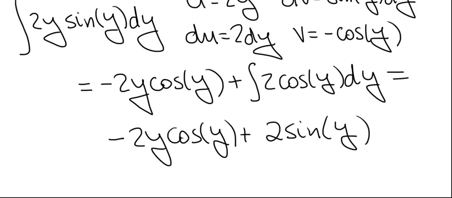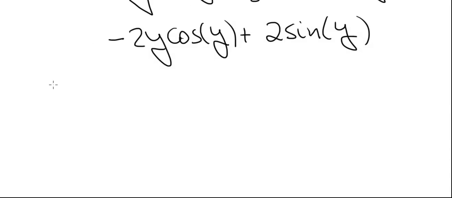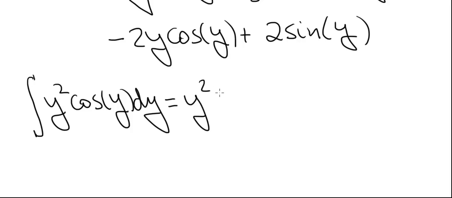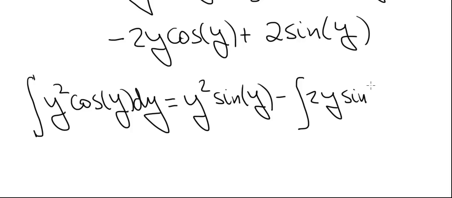Let's return to the original integral. The original integral, with variable y, was the integral of y squared times cosine of y dy. And we wrote that as y squared sine y minus the integral of 2y sine y.